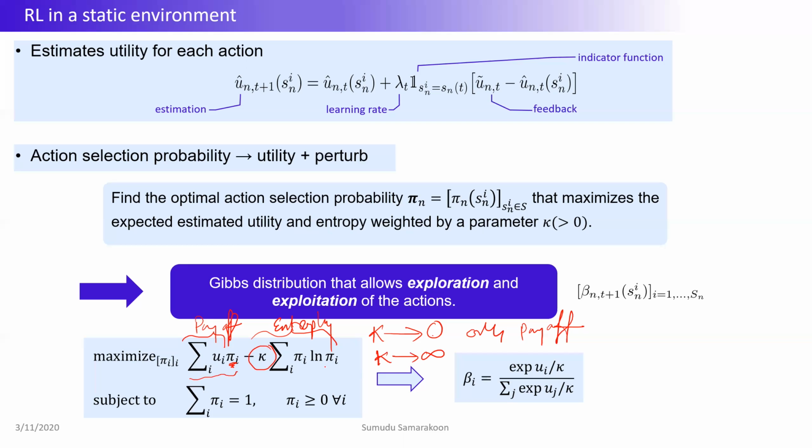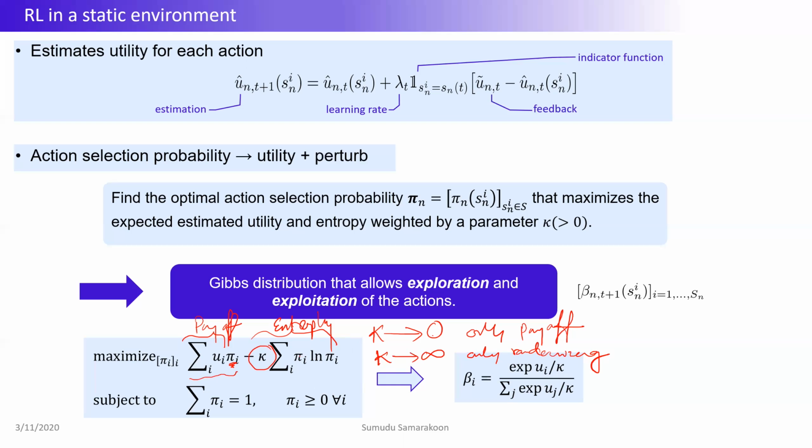Maximizing the entropy, usually once we maximize entropy over a probability distribution, the optimal solution would be the uniform distribution. So what we try to do here is only randomizing. We are focusing on only randomizing all the actions.